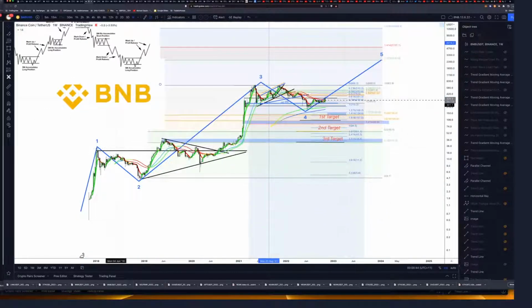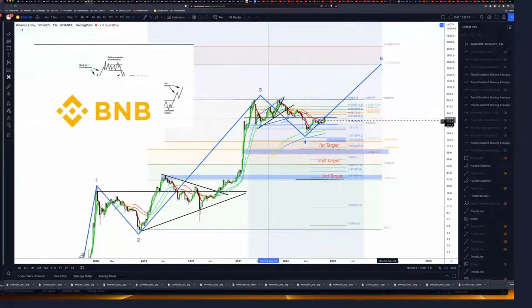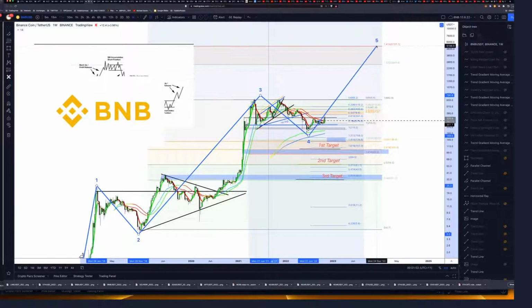So we're looking at this structure like that, and it's invalidated if we drop below these 200 weekly moving averages, pretty much. But otherwise, I think it's a wave 3 to 4, and wave 5 could even go to the 1.414. So these are the ones that I'm looking at. BNB is going to be huge, I think.